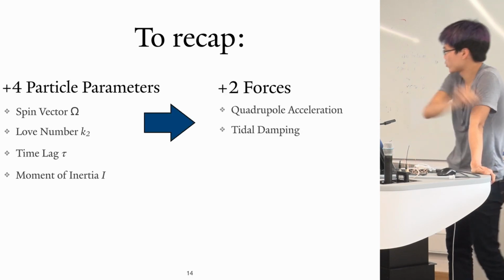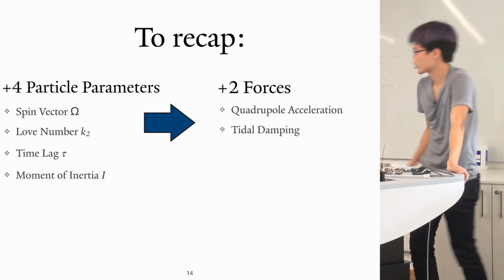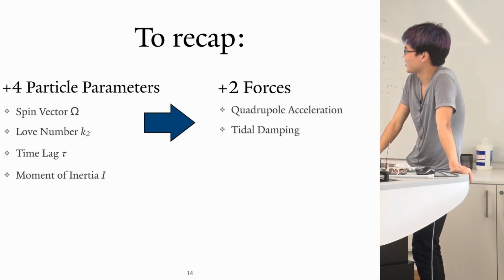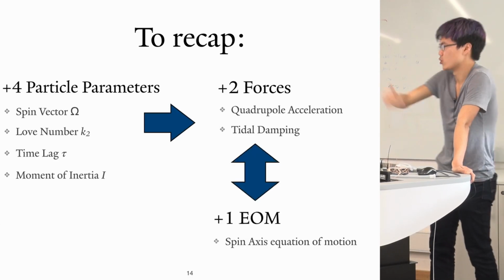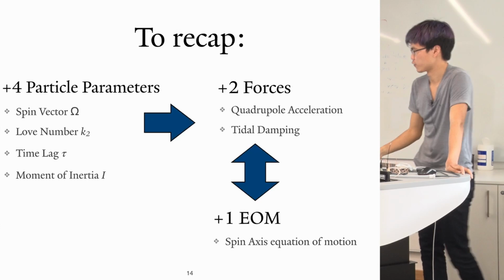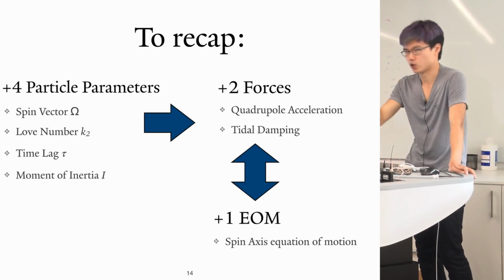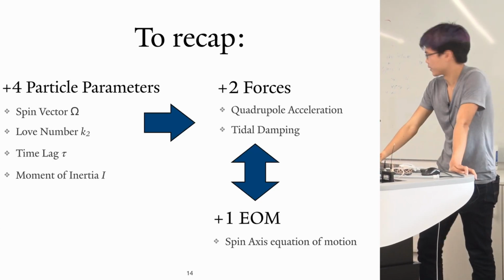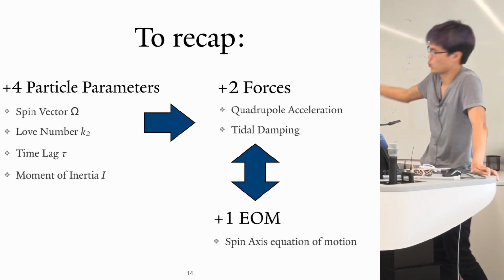You also have two additional forces you have to consider, the quadrupole acceleration and the tidal damping. And you have one additional equation of motion that you have to integrate, the spin axis equation of motion, along with your equations of motion for the dynamics of the system. And again, the forces and the spin axis equation of motion are coupled.